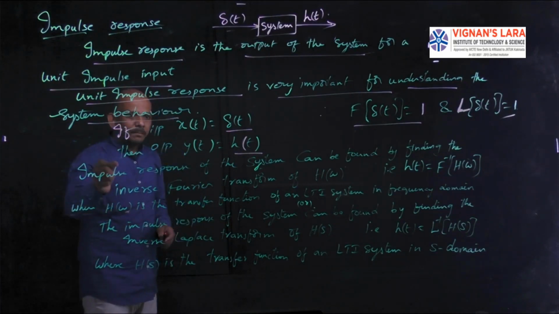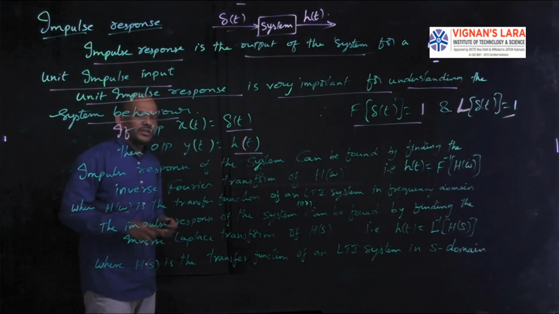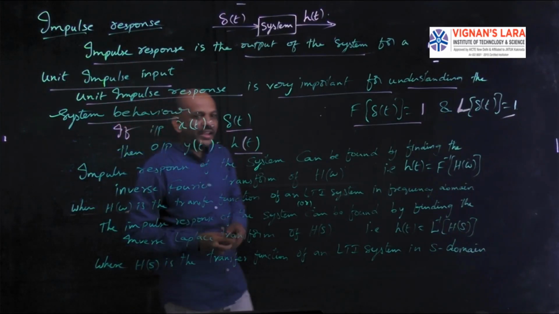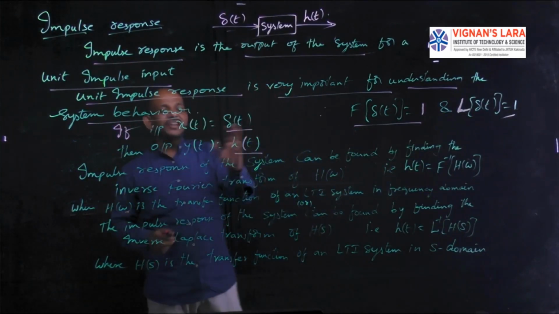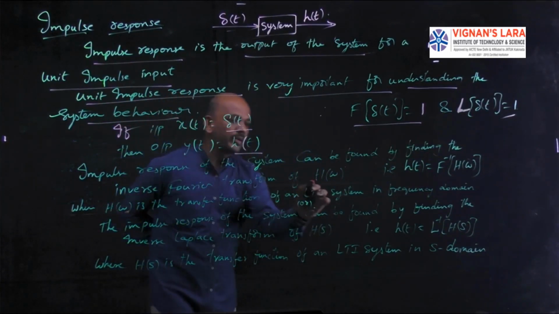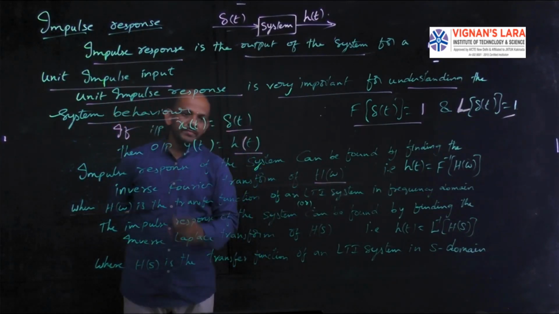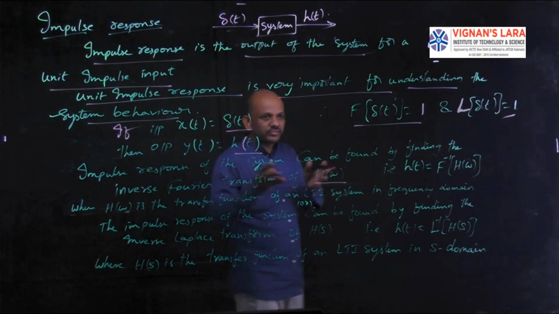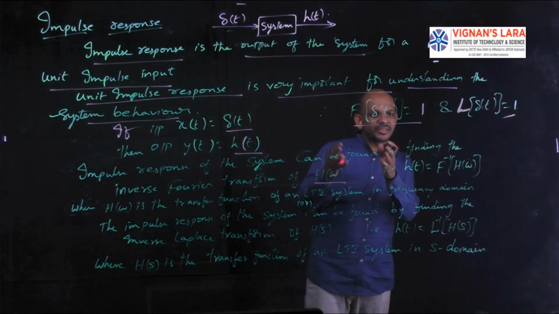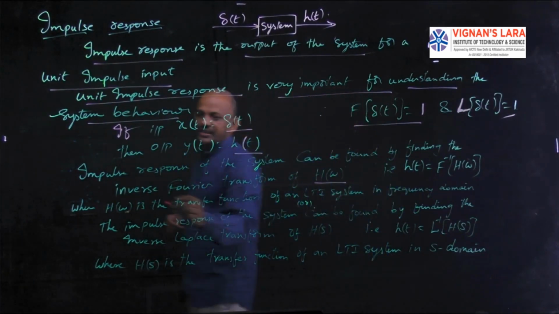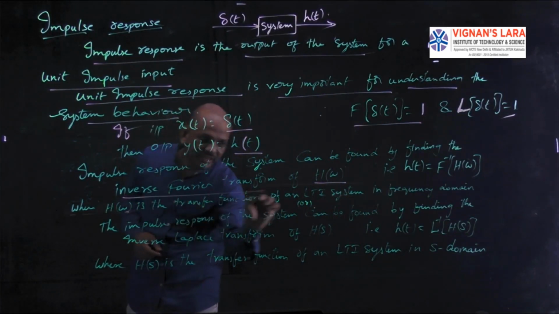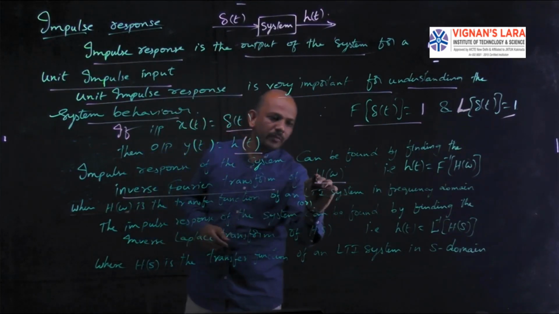Okay, the impulse response of the system can be found by finding the inverse Fourier transform of H of omega. Here I want to find the impulse response of the system. That impulse response can be found simply by finding the inverse Fourier transform of H of omega.